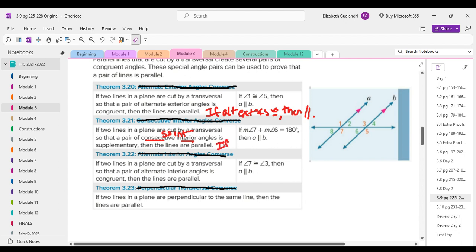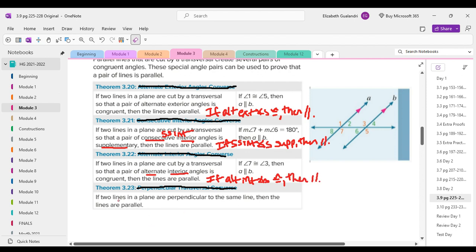So if same side interior angles, the ones that are not congruent, are supplementary, then we can state that we have parallel lines. This one down here: if alternate interior angles are congruent, then we have parallel lines.